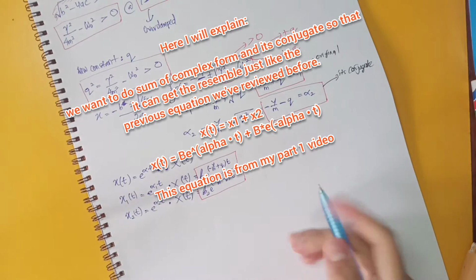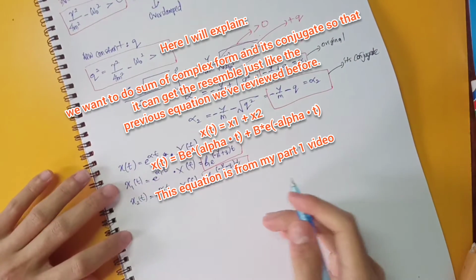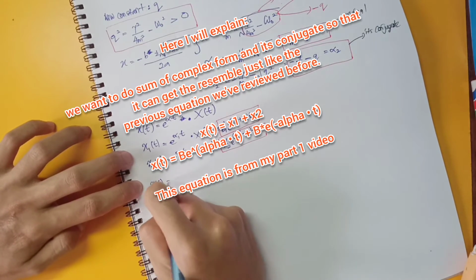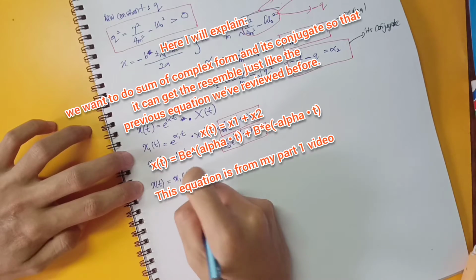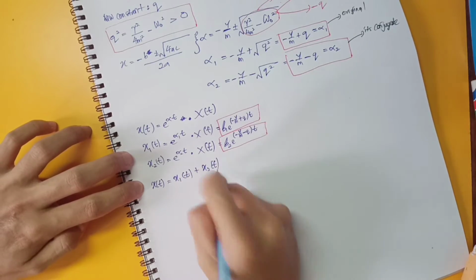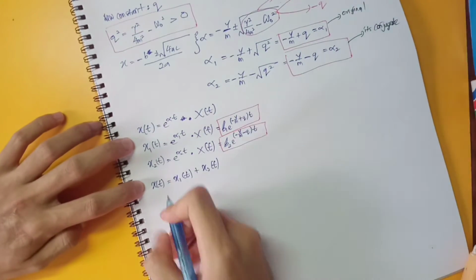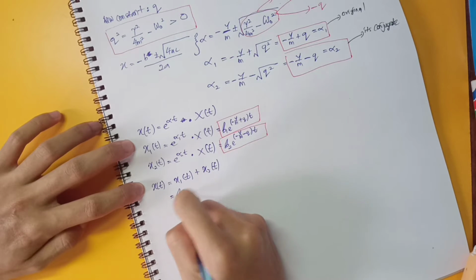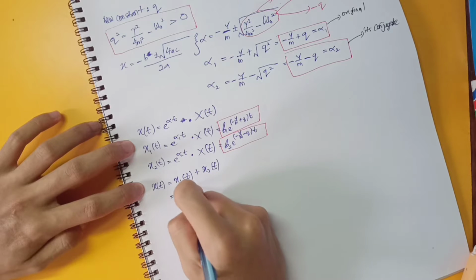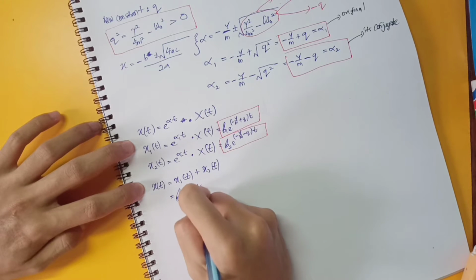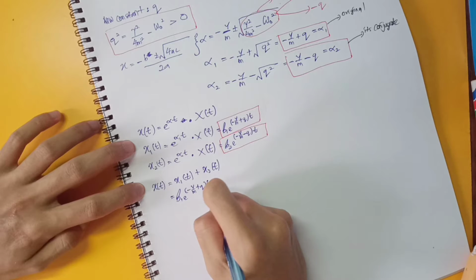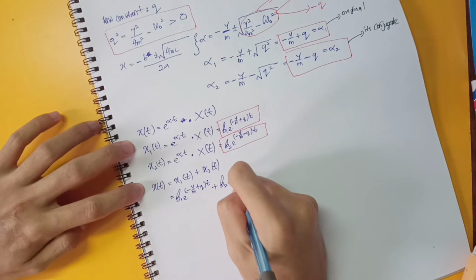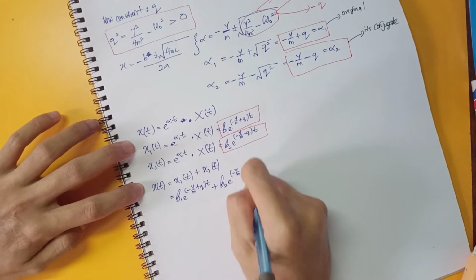I'll just show you so that you can analyze by yourself. Xe is equal to x1t plus x2t. Now we add up these parts, so we find that it is equal to beta 1 e power of negative gamma over m plus q times with the t, plus beta 2 exponential power of negative gamma over m negative q times with the t.